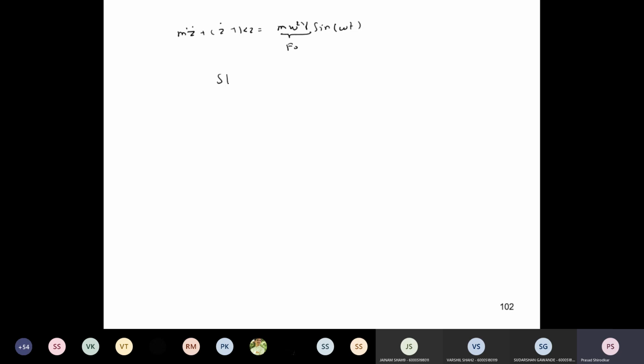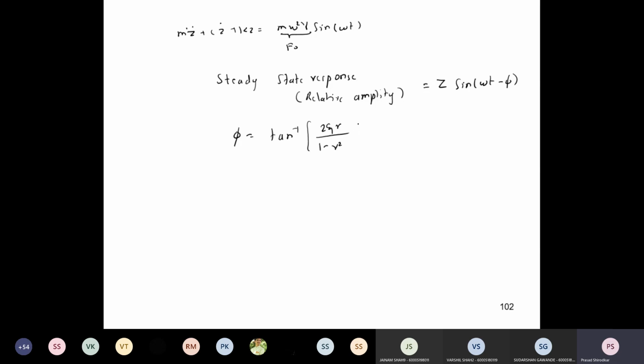So the steady state response in terms of relative amplitude will be Z sine (omega t minus phi), where phi is the phase lag, and that is given as tan inverse of 2 zeta r upon 1 minus r square.